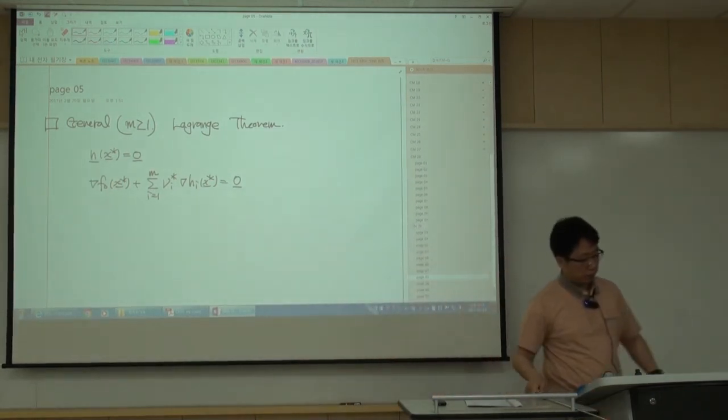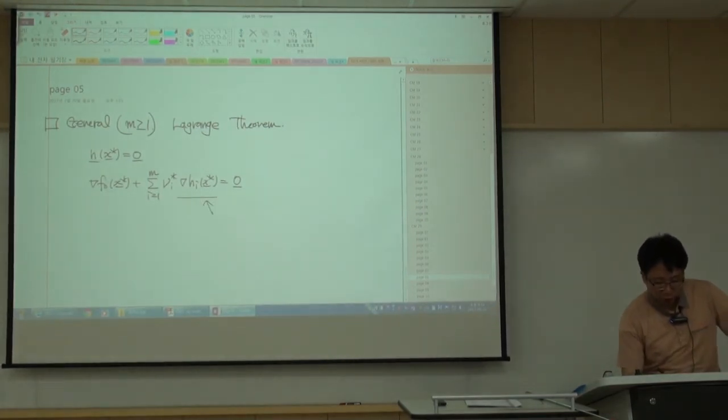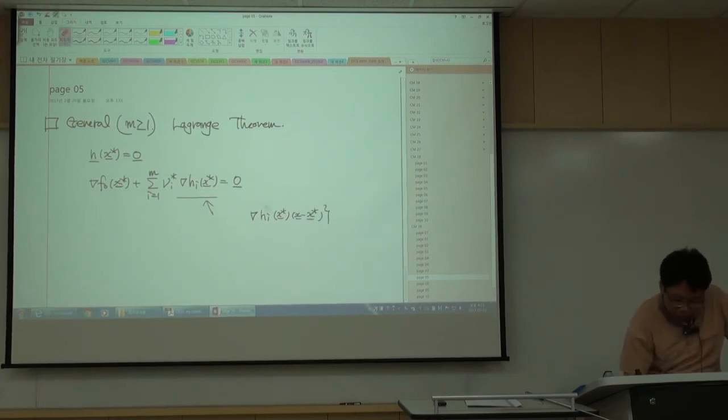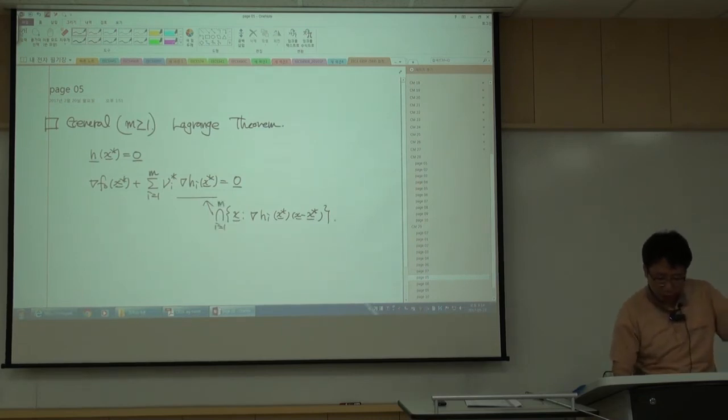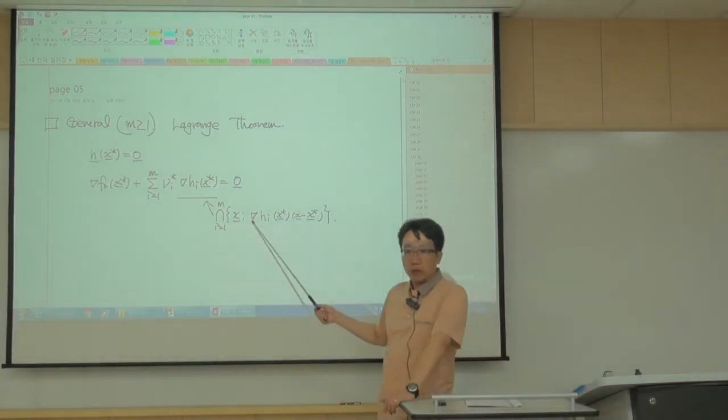Why is this so? You have to remember why this is true. We actually have the intersection of gradient of hi x star transpose times x minus x star equal to 0, for i from 1 to m, and we also assume regularity.